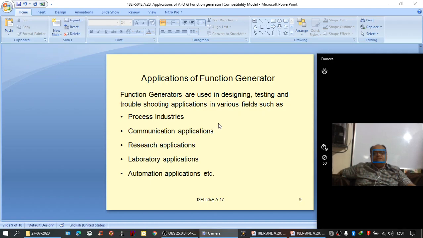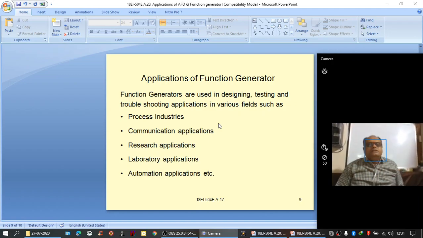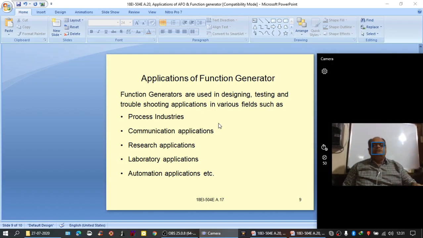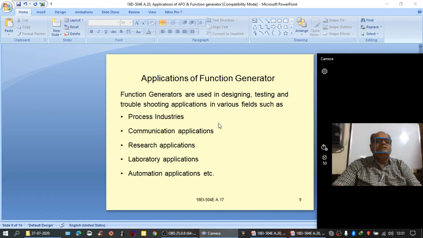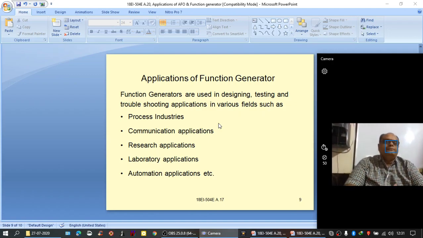The applications of function generators are mainly in process industries. In process industries, where we manufacture a certain product, for control of quality, we have to maintain certain parameters at desired levels.